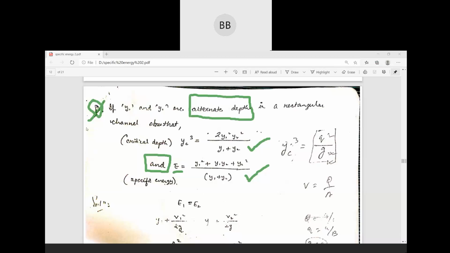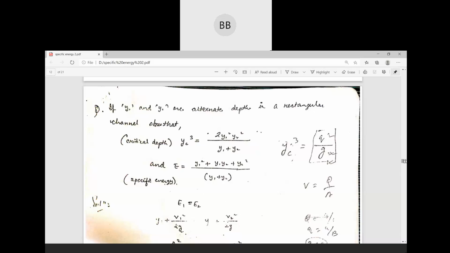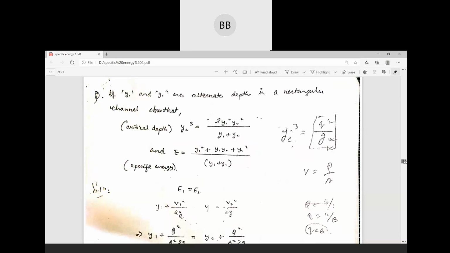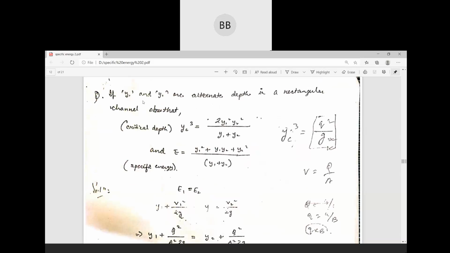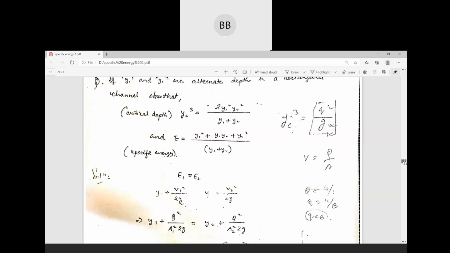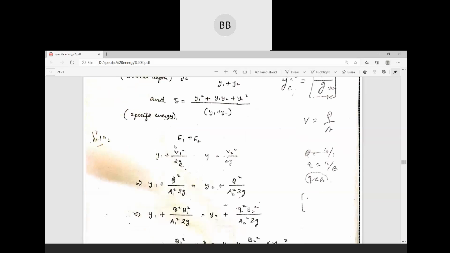Okay. So we move on to the solution. As I have already discussed, if y1 and y2 are the alternate depths, that means we have the same specific energy for both depths. So that is why we have considered E1 is equal to E2.